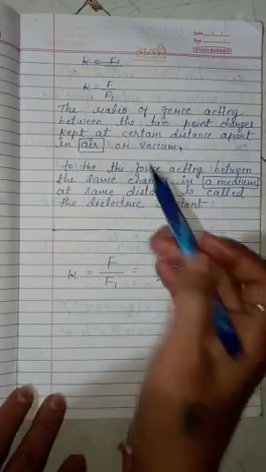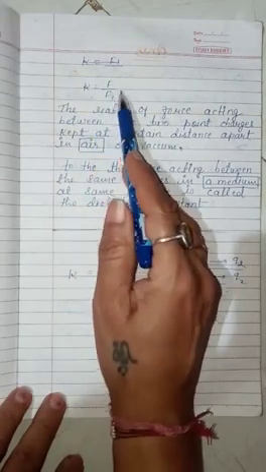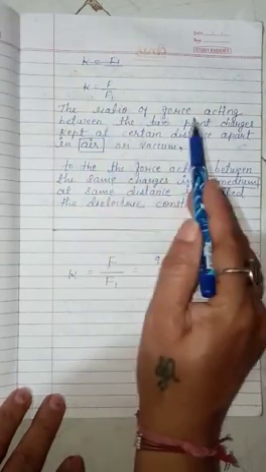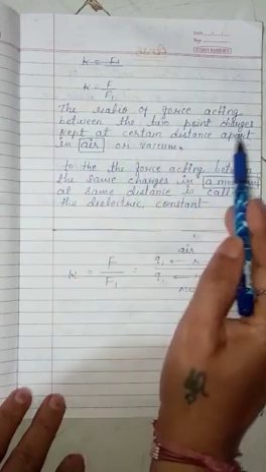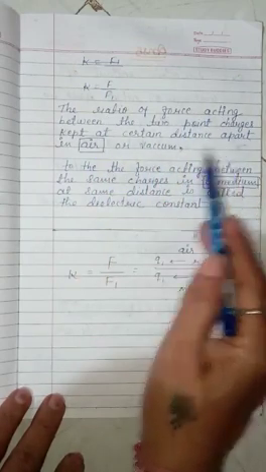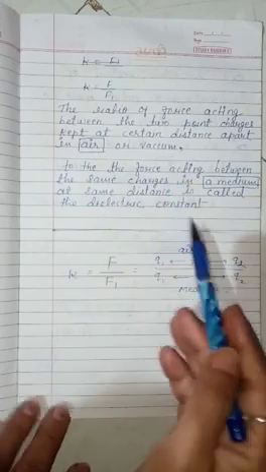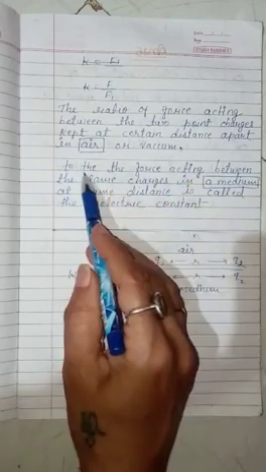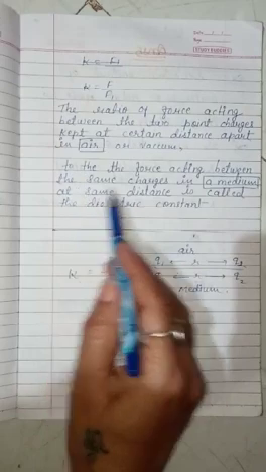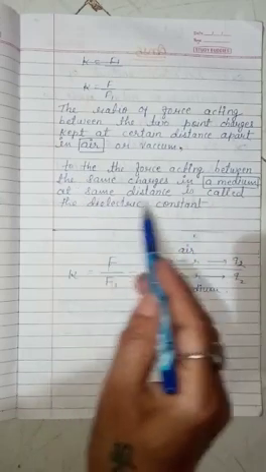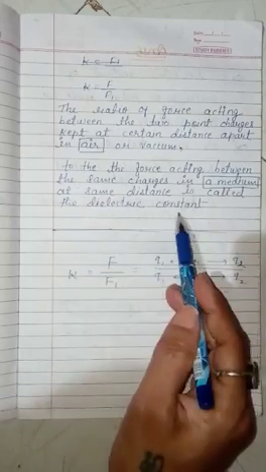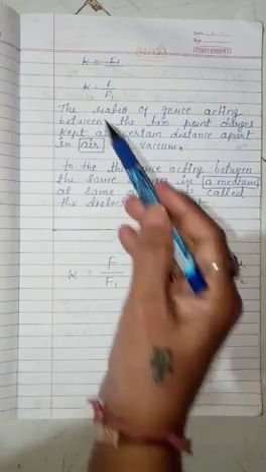So we understand here K is equal to F upon F1, the ratio of the force acting between two point charges kept at a certain distance apart in air or vacuum to the force acting between the same charges in a medium at the same distance is called the dielectric constant. So what is K here?